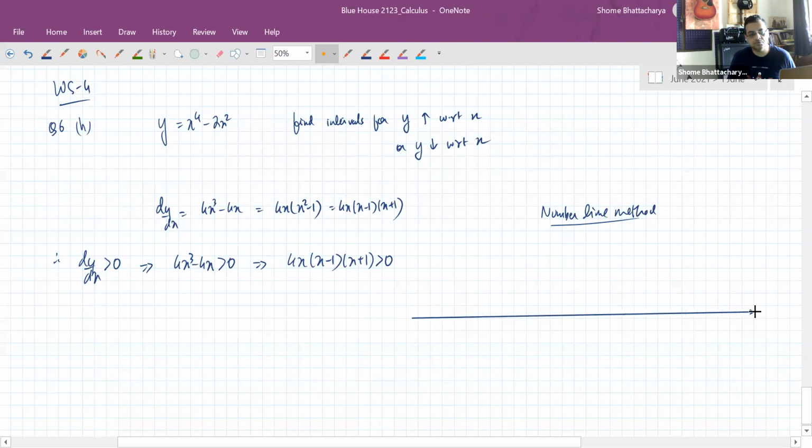So let's say this is our overall number line. Now you'll see here critical points are 0, minus 1 and plus 1. If you consider the first factor here, 4x or x, that is negative for x less than 0 and positive for x greater than 0. So that's the factor 4x. Then the factor x minus 1 is negative for x less than 1 and positive for x greater than 1.